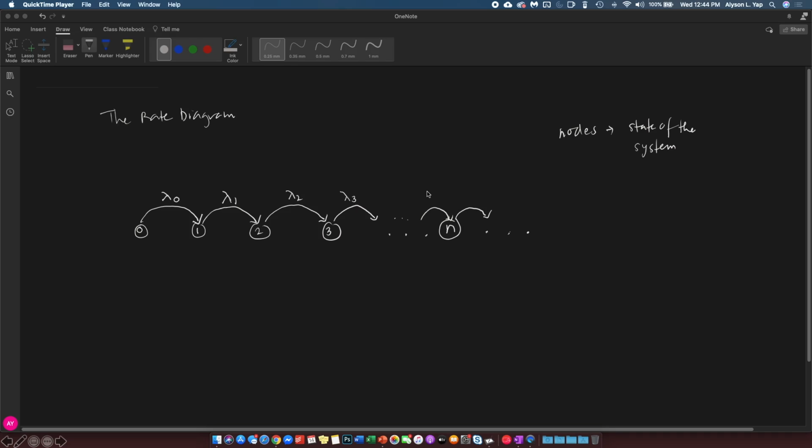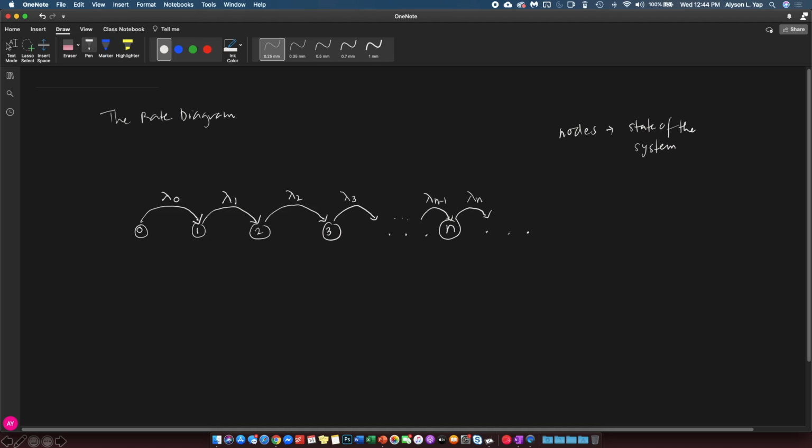And then this is lambda sub n minus 1. And then this one is lambda sub n. And then again, so on and so forth. As you can see, the top part of the rate diagram actually shows us the rate at which your queuing system moves from one state to another.